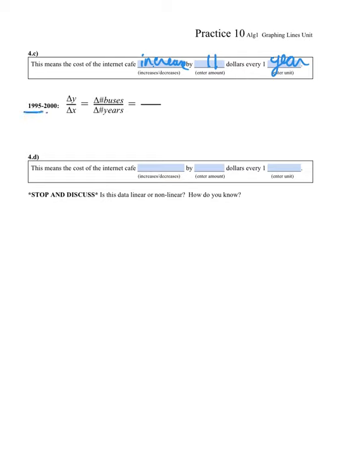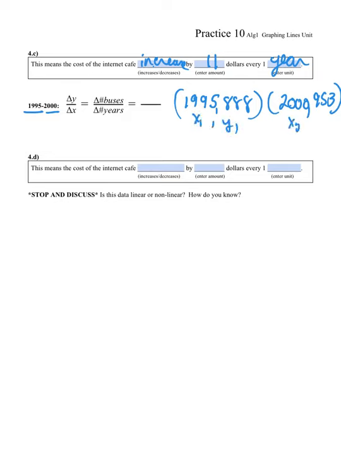All right, the last interval, 1995 to 2000, is 1995 had 888, and 2000 had 953. And as you can see, now we have an increase also. So we have x sub 1, y sub 1, x sub 2, y sub 2.